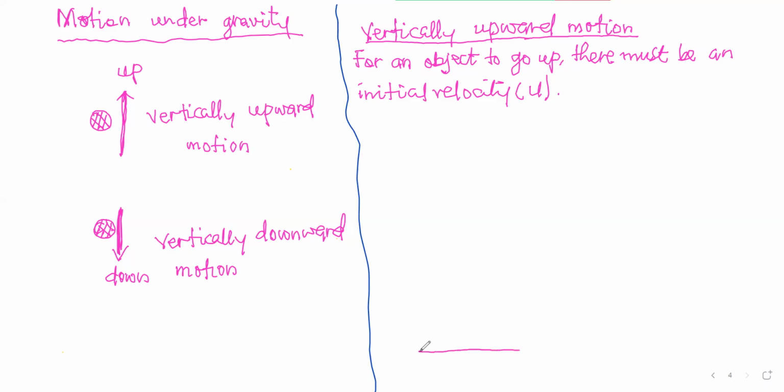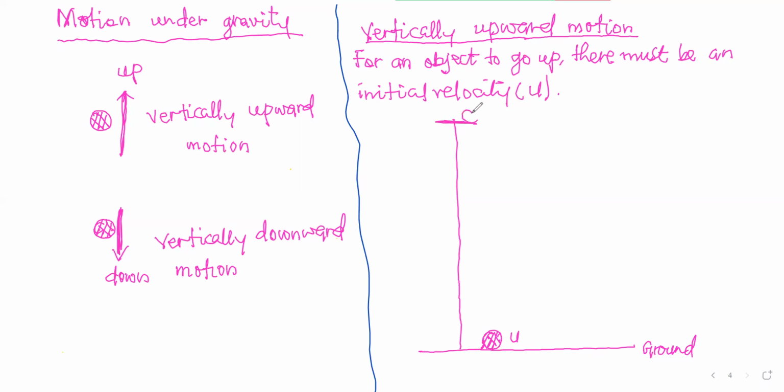So let's assume the object is thrown from the surface of the earth, the ground. The object is given a certain initial velocity u. Then it could travel or move up to this height.